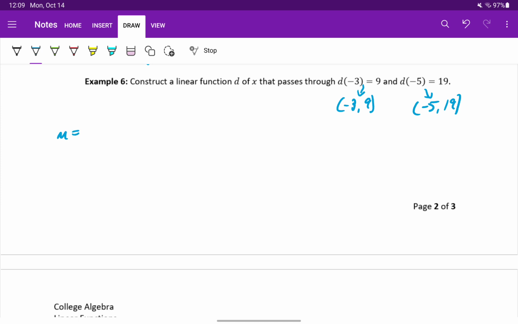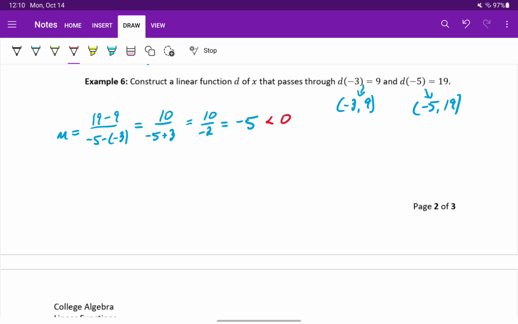We'll plug that information into our slope equation to get 19 minus 9 all over -5 minus -3. This will be 10 over -5 plus 3 once we take care of that double negative, or 10 over -2, which will give us -5.